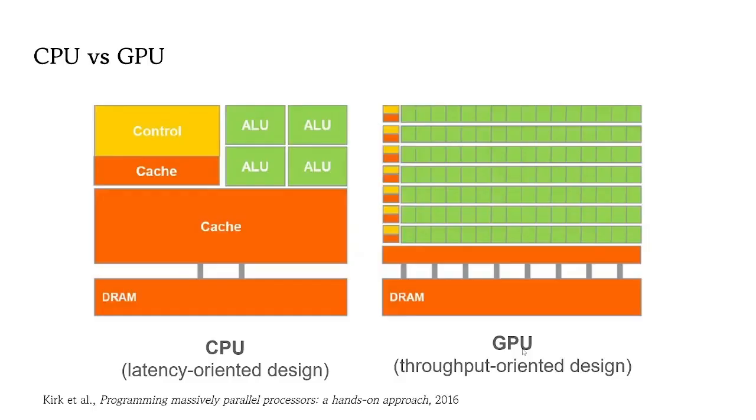On the other hand, the GPU was initially designed for graphics applications, to render frames. Rendering frames requires doing a lot of floating point computations per frame, and also transferring a lot of data from the main memory to the GPU cores. So we have a lot of compute and a lot of memory transfer per frame.